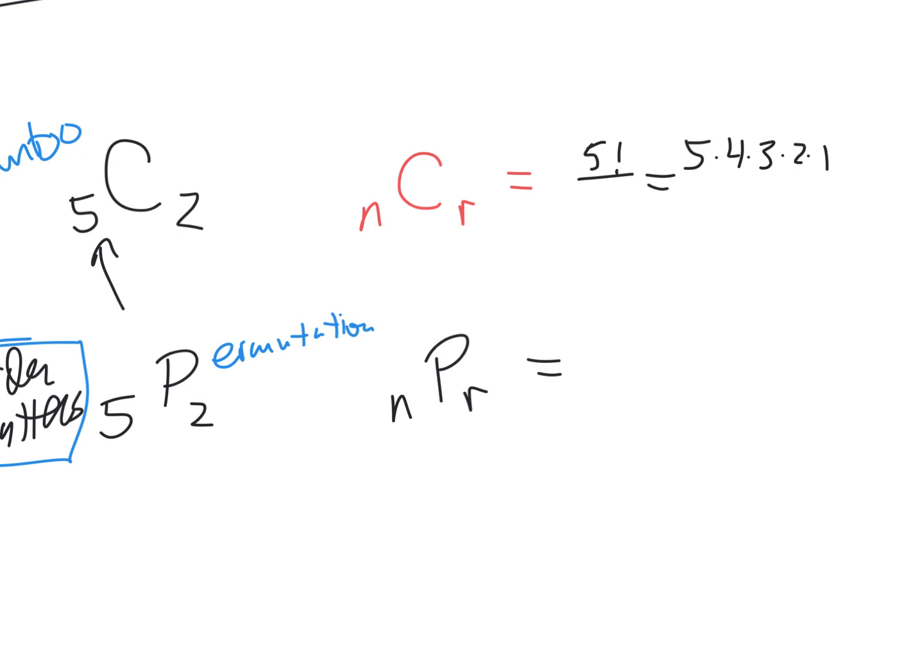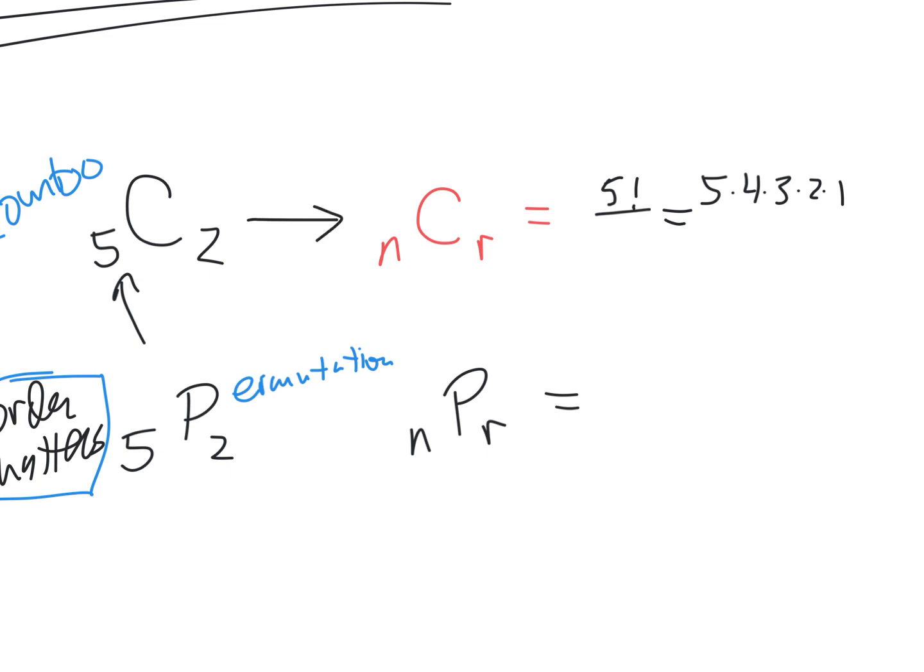So, for the C problem here, that's a combination where the order doesn't matter. It's 5 factorial over 5 minus 2 factorial, and you wouldn't have to write that. I'm just showing you how I got it. So what is 5 minus 2? It's really 3 factorial. And what is 3 factorial? It's 3 times 2 times 1.